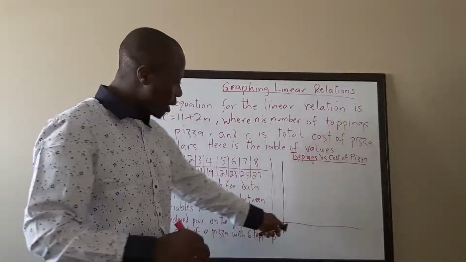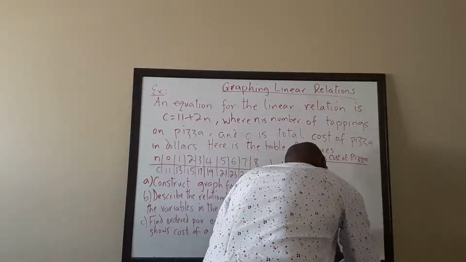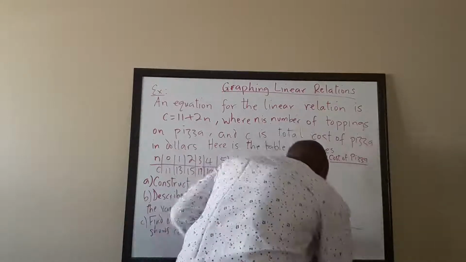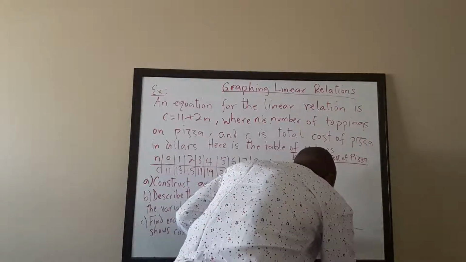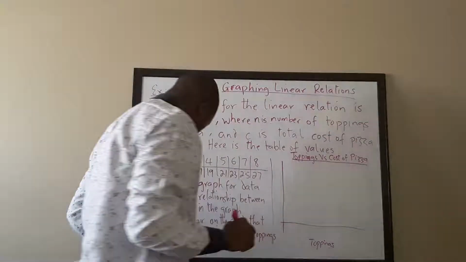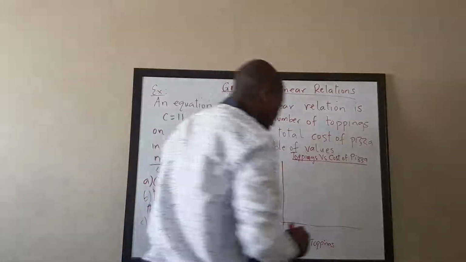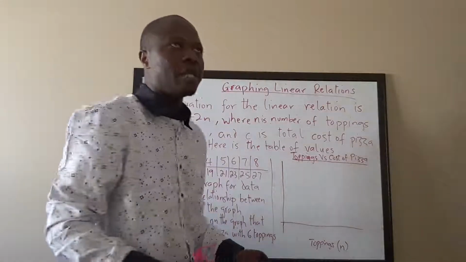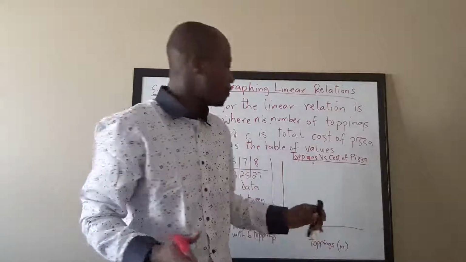Now on the bottom here, I'm going to say toppings. So toppings is N. Please always tell us the symbol for each one.